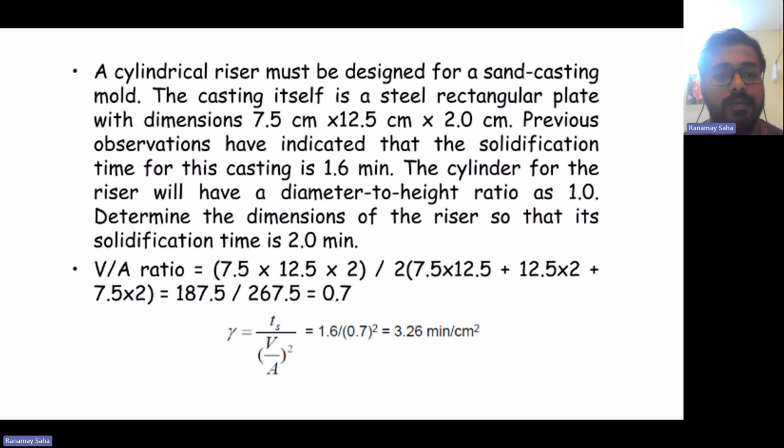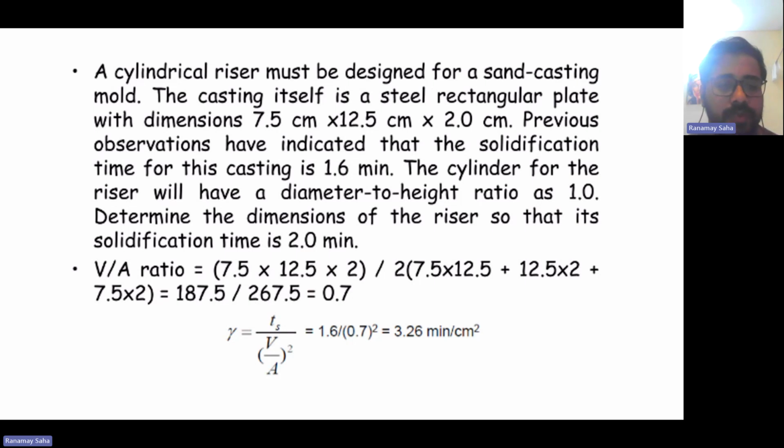The diameter to height ratio is 1 for the cylindrical riser. This is an optimal case for side risers where the diameter and height are kept equal.